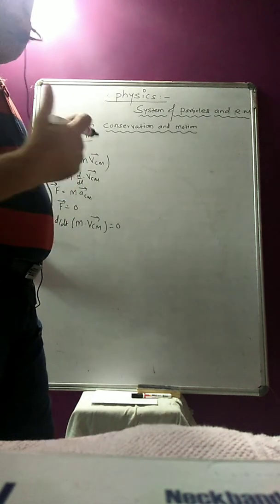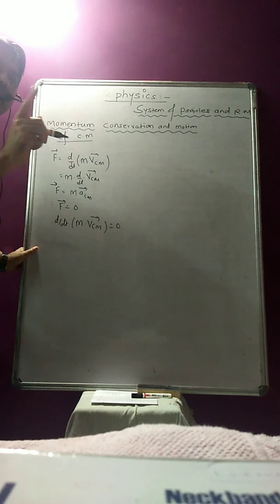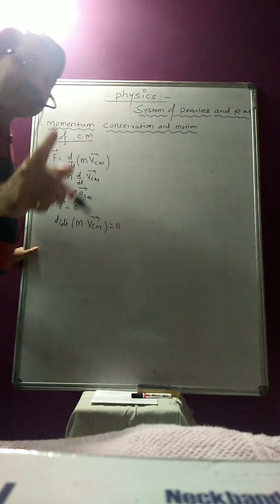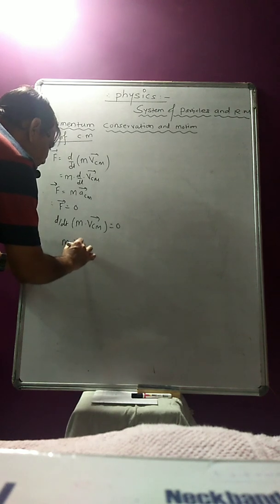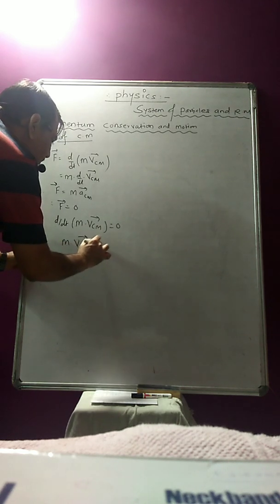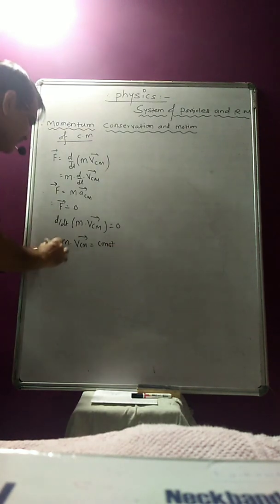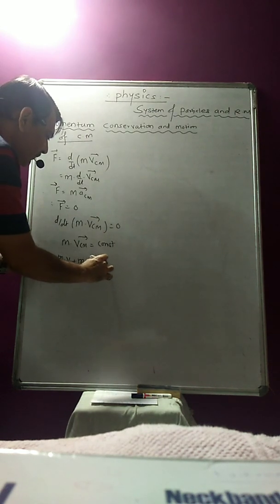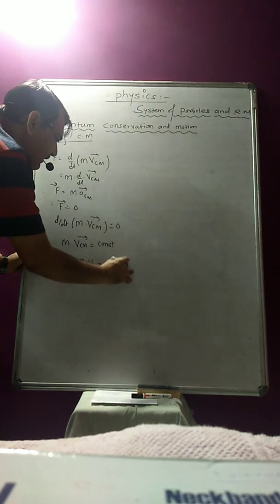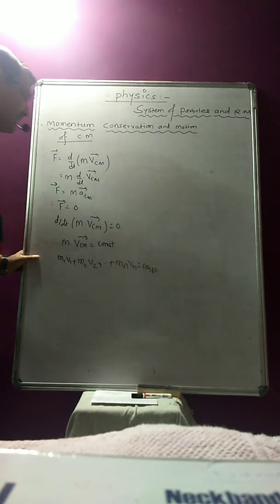We can conclude that this term remains constant, because the derivative of a constant term is always 0. Therefore m into the velocity of the center of mass will always remain constant. This can be written as m1v1 plus m2v2 up to mnvn remains constant. You remember that.